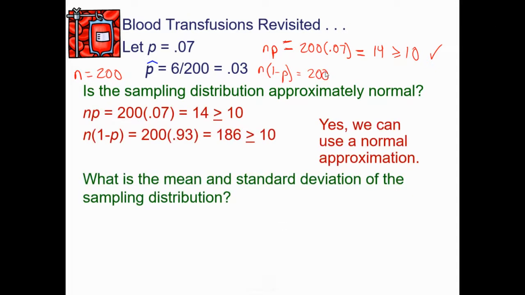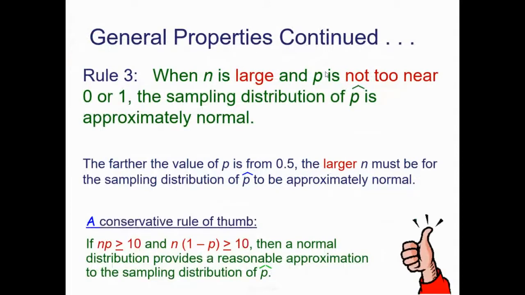Because our rule of thumb says that if n times p is greater than or equal to 10, and n times 1 minus p is greater than or equal to 10, then a normal approximation can be assumed to be reasonable. We're just checking to make sure that we can assume it's normal first. If it doesn't meet those two requirements, we can't move on with normality.